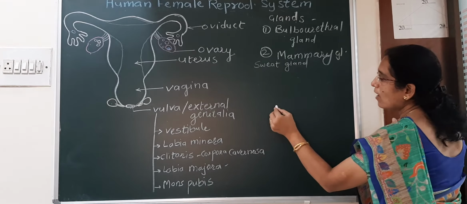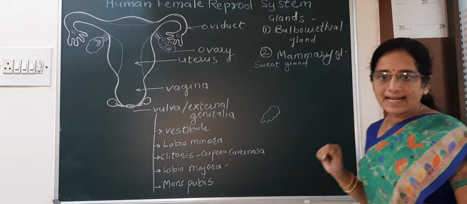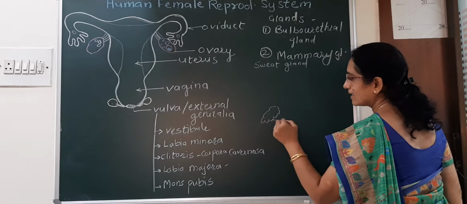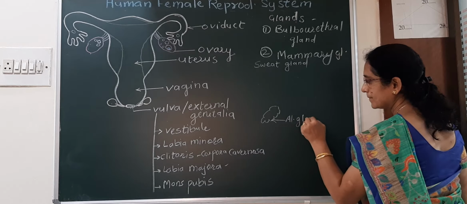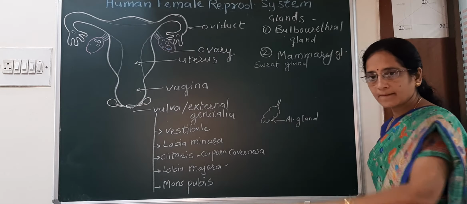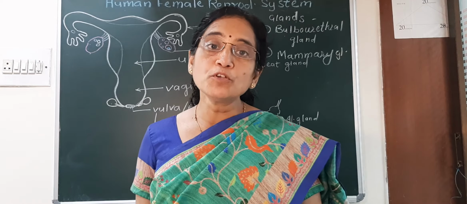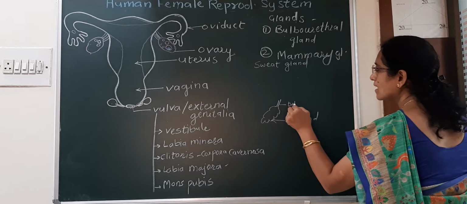They have irregular gland-like structures called alveolar glands. Each alveolar gland has a duct, and that duct is called a tubule.